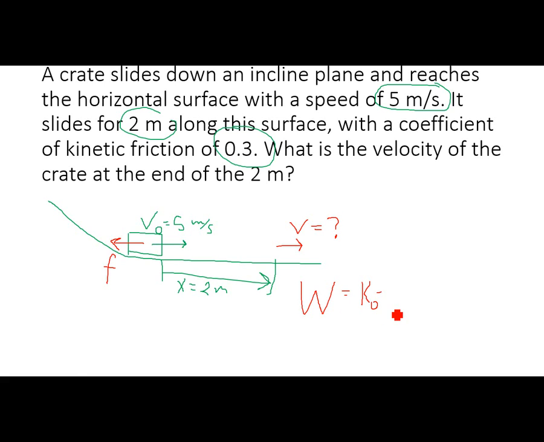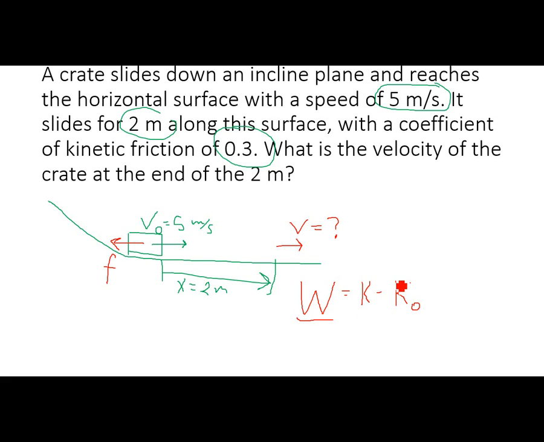Okay. Oops. Uh-oh, I need an eraser. There's my eraser. I don't need that K0, do I? Okay, K minus K0. Okay. All right. Now, just like the last problem, the work will be the force times the distance times the cosine of the angle.